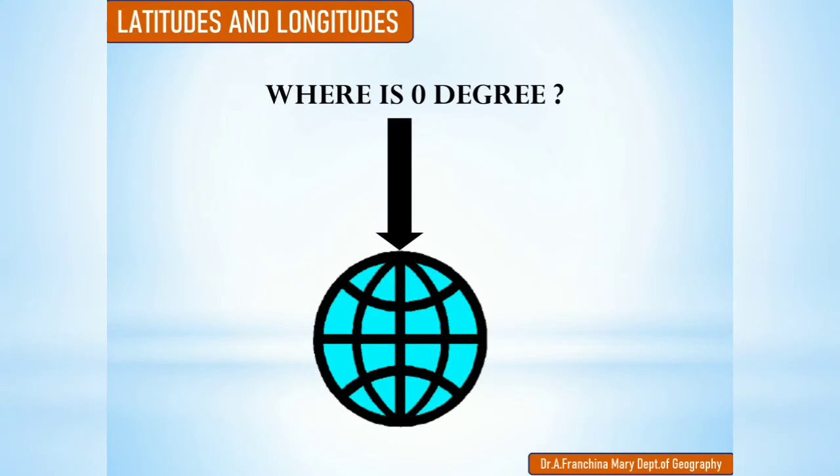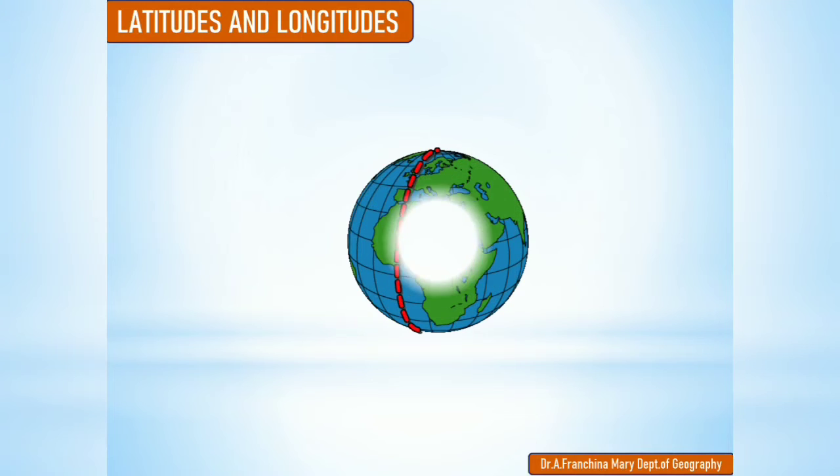Where is 0 degree of longitude? The prime meridian is 0 degree of longitude. This imaginary line runs through the United Kingdom, France, Spain, Western Africa and Antarctica.